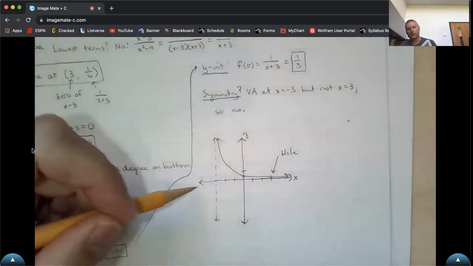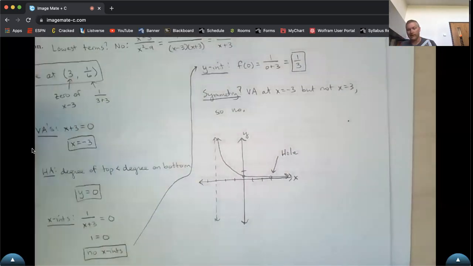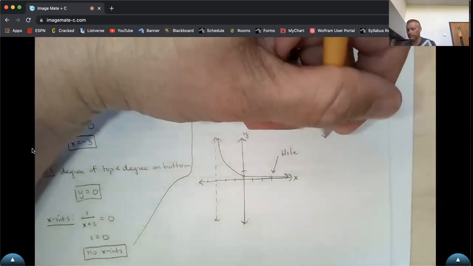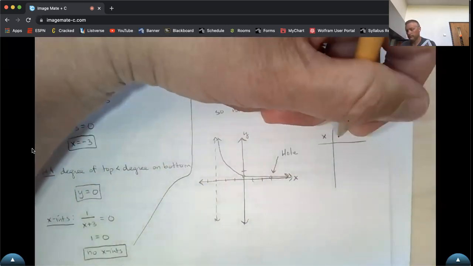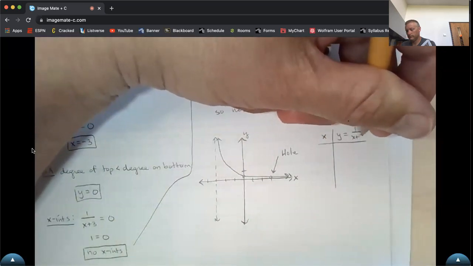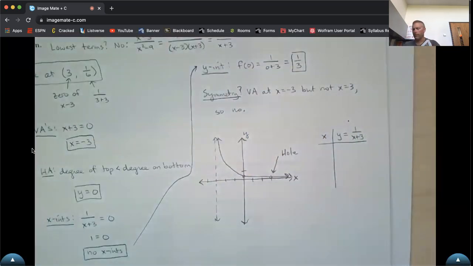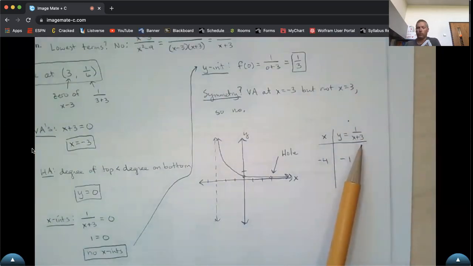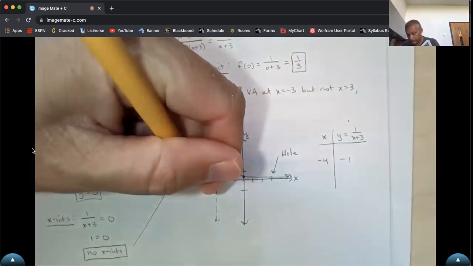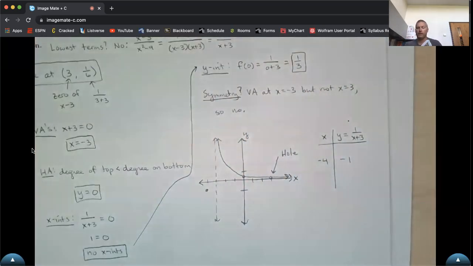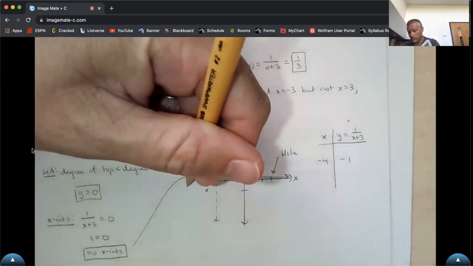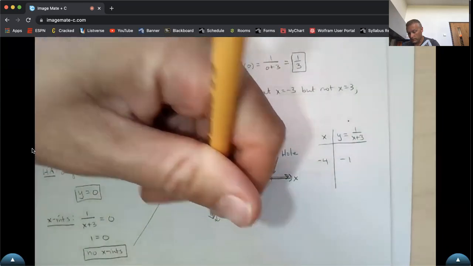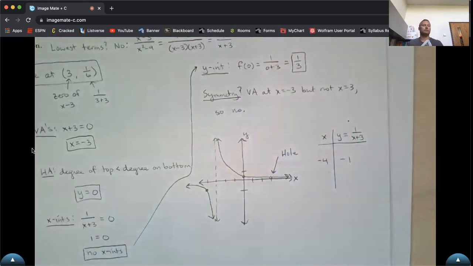We don't know what's happening on the left side, but I can always plug in, say, -4 and find out. So if I put in x equals -4, that gives me 1 over -4 plus 3. In other words, 1 over -1. So I get a point that's to the left of the vertical asymptote and below the horizontal asymptote. So I'll just draw something that always has that property.